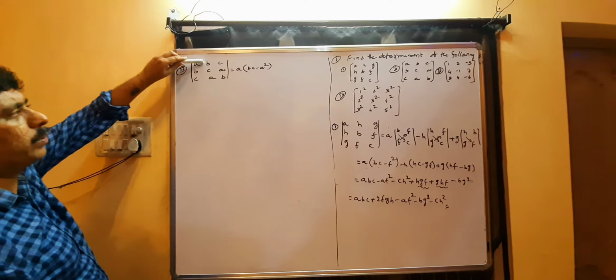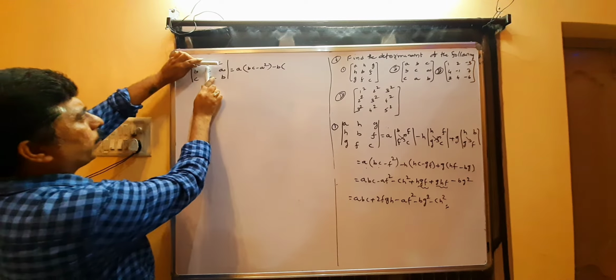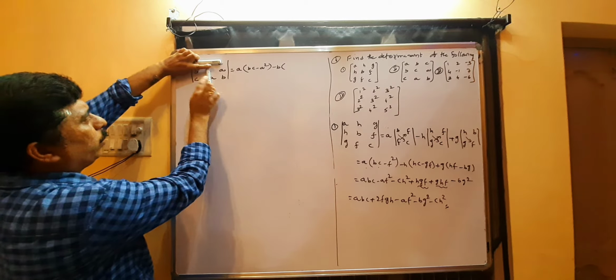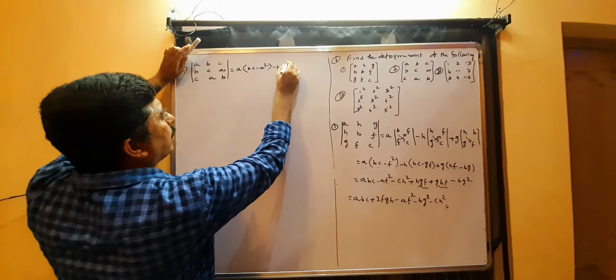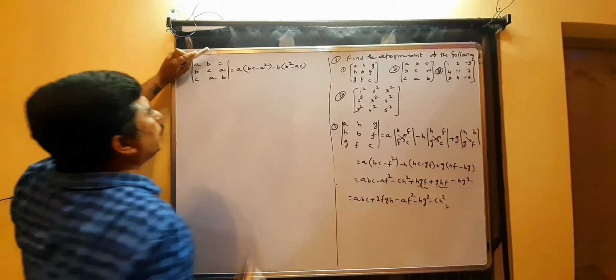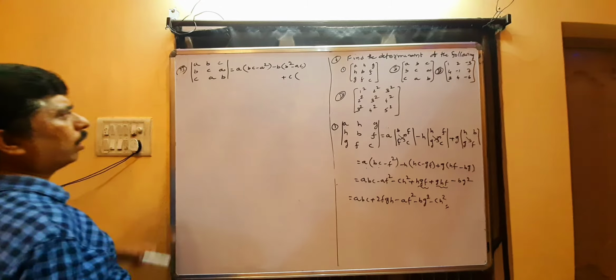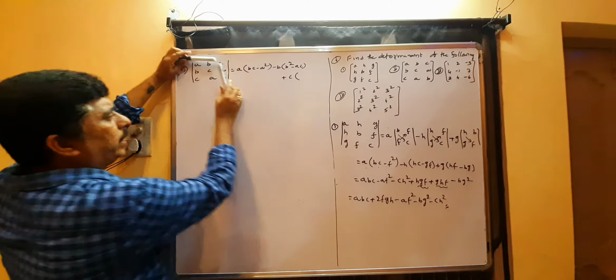For the middle element take the opposite sign: minus B into the remaining determinant, B into B, B square minus AC. Plus the third element, plus C into the remaining determinant after closing the first row and third column: AB minus C square.